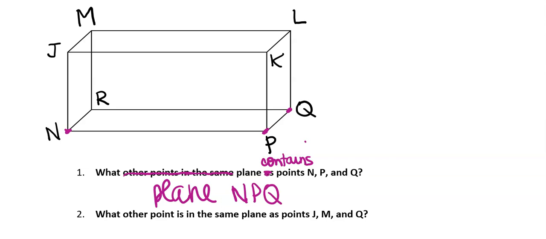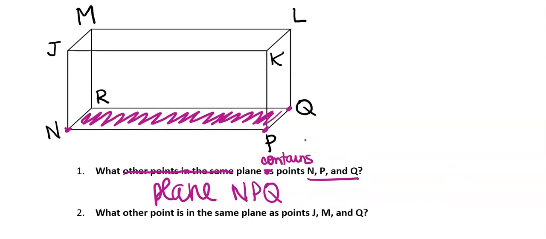Another one would be plane RNP, plane RQP, plane PQR, plane PNR. Any of those would work as long as you're naming something on the bottom of this box. So any three letters on the bottom of the box will work. I think it's easiest to use the three that are given, but there are more answers that work.